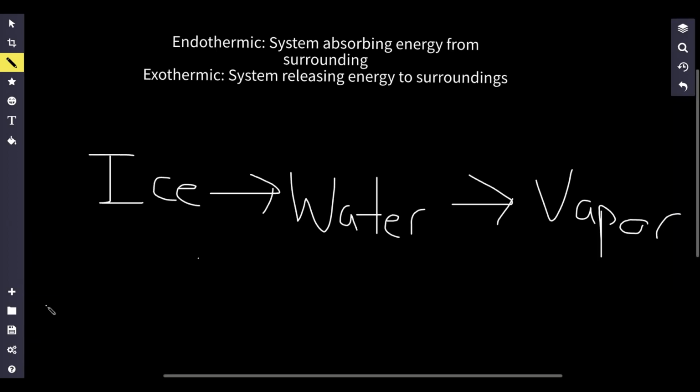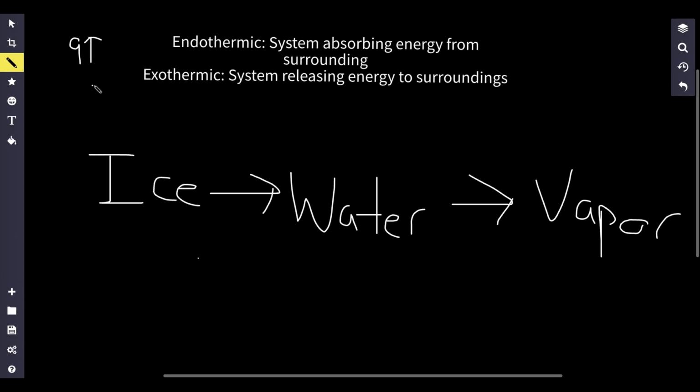Now, some vocabulary you gotta know for this. You have endothermic and exothermic. Endothermic is when your system absorbs energy from the surroundings, while exothermic is when the system releases energy to the surroundings. So when the system absorbs energy, it gains heat. You would say that your heat, which is denoted by a Q, would increase.